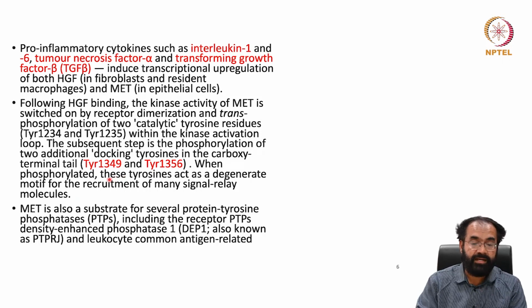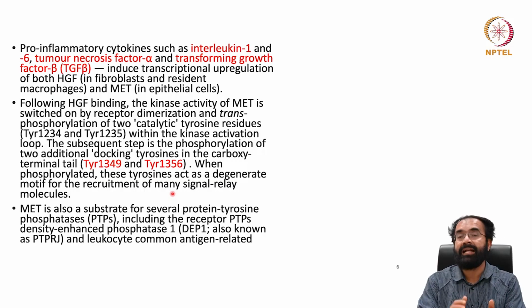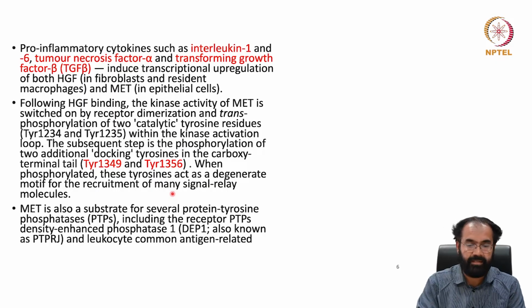When phosphorylated, these tyrosines act as a degenerate motif for the recruitment of many signal relay molecules. That means they can act as a mediator for passing on the signal, something like an intermediate, something like a facilitator.